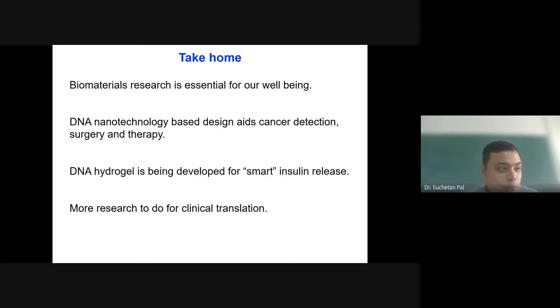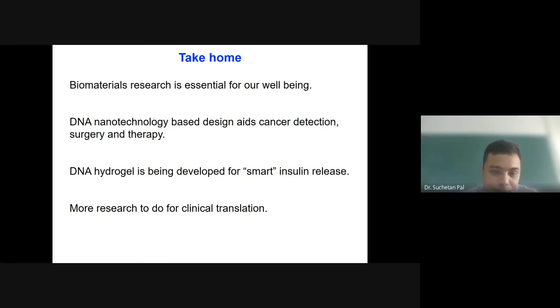So we need to invest more money in biomaterials research so that we can live happily and live longer, right? Also, I have shown you some data on DNA nanotechnology based cancer diagnostic agents that are nicely used for surgery and therapy of different kinds of cancer. And lastly, I have shown you some data on DNA hydrogel, which is developed for smart insulin release.